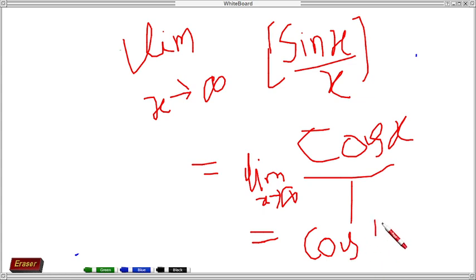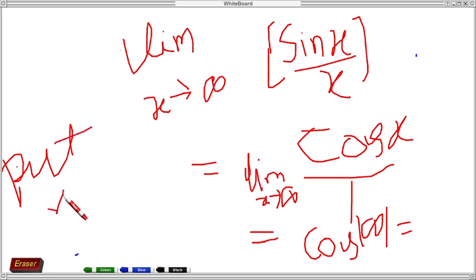So what is the value of cos infinity? Put x is equal to 1 by z.